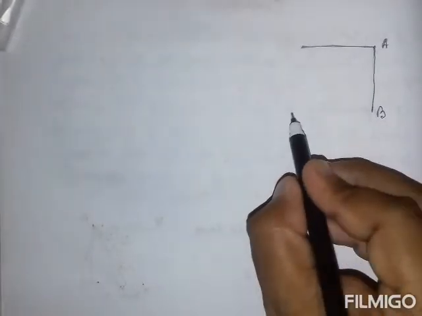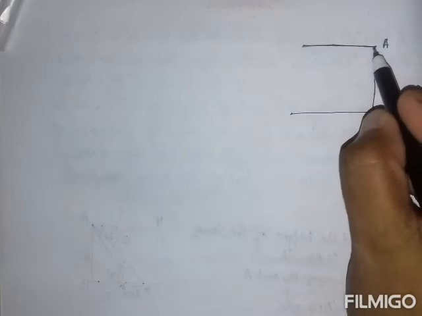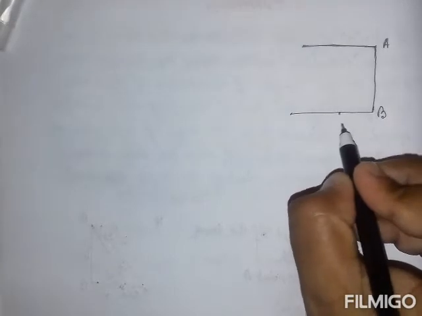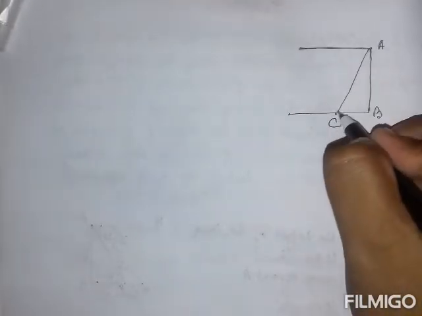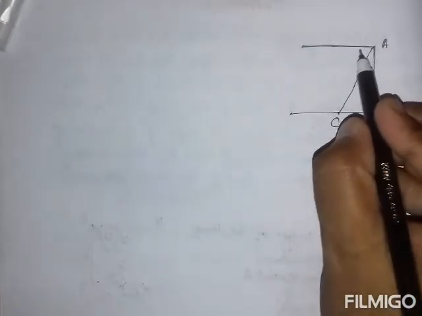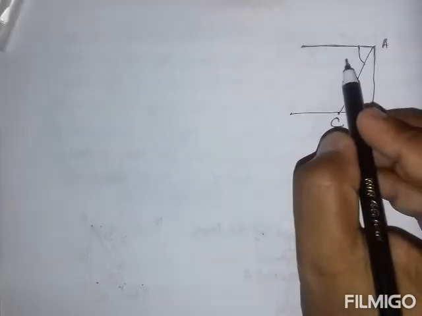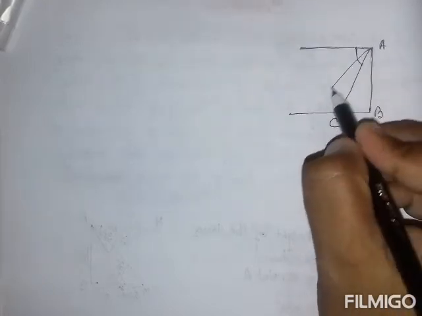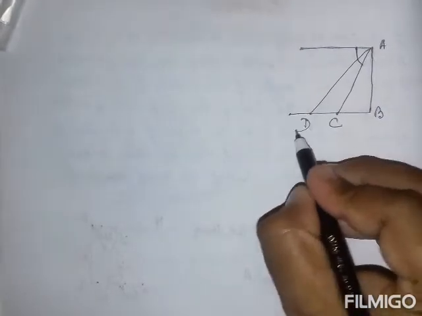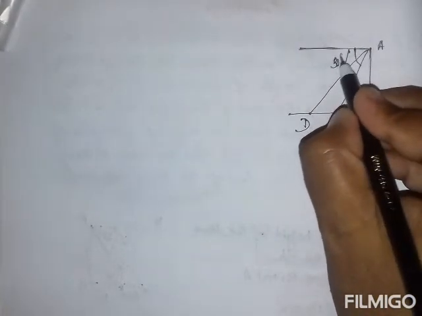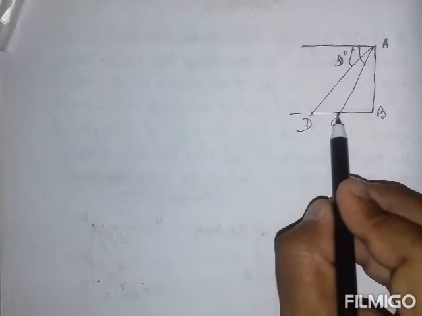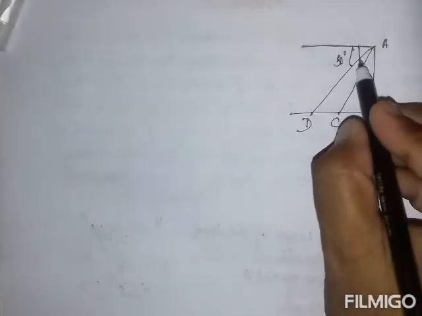He observes a car from A. Car is at the point C. Now from his place the angle of depression is 30 degree. The angle of depression of the car here is 30 degree. After 6 seconds, from D to C it takes 6 seconds. Now the angle of depression is 60 degree.